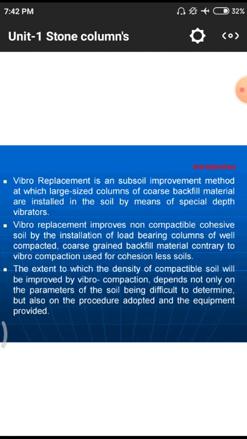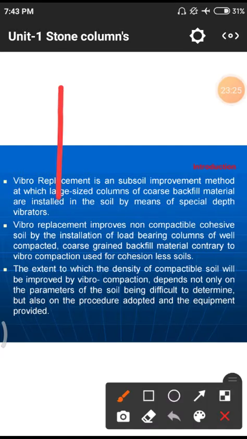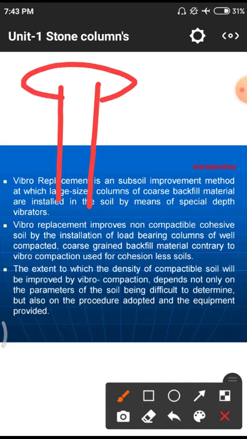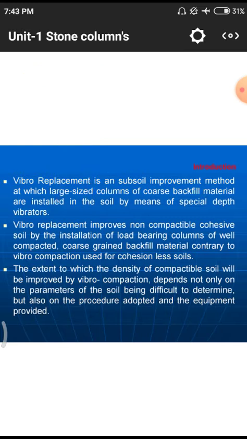Next, we have coarse grained backfill material, which, contrary to vibro compaction, is used in cohesive soil. What is this backfill? If the column has this dimension, we have to place this quantity of coarse fill on the top layer itself, so that water can easily drain from the bottom level to the top level through the association of these sand particles and stone particles by well mixing.